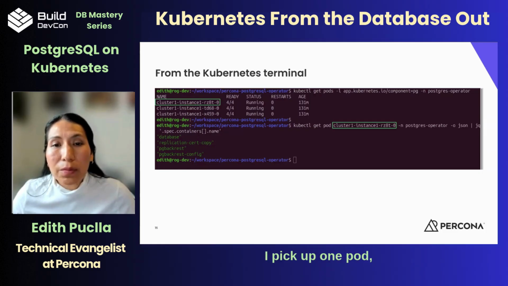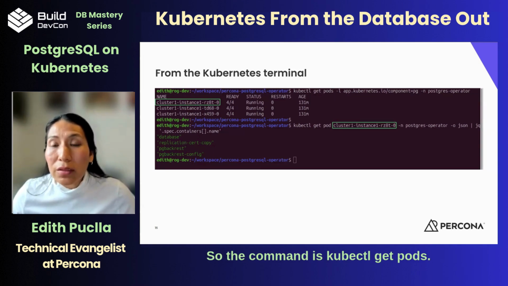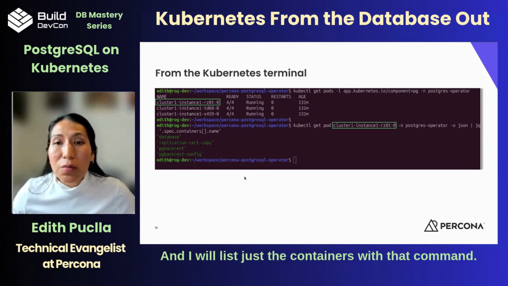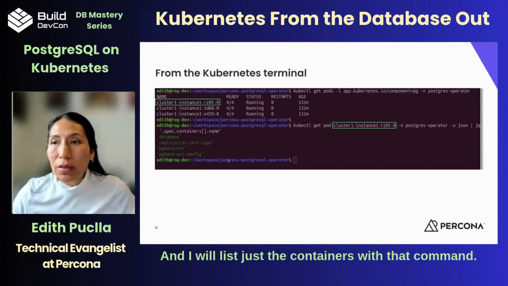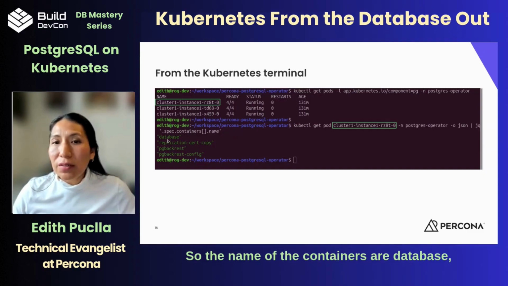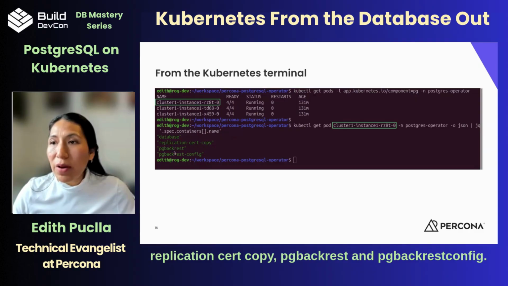I pick one pod, the first one, and I will ask what containers are inside you. So the command is kubectl get pods, and I will list just the containers with that command. The names of the containers are database, replication-cert-copy, pgbackrest, and pgbackrest-config.